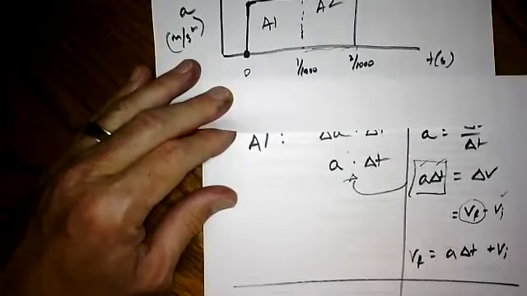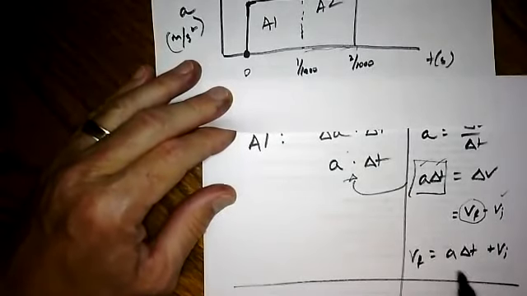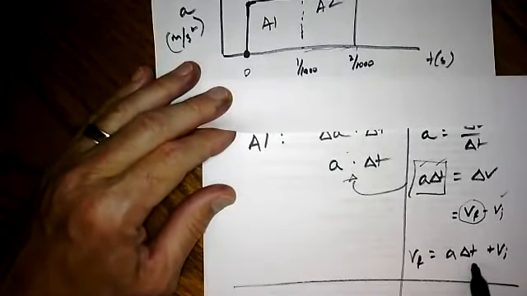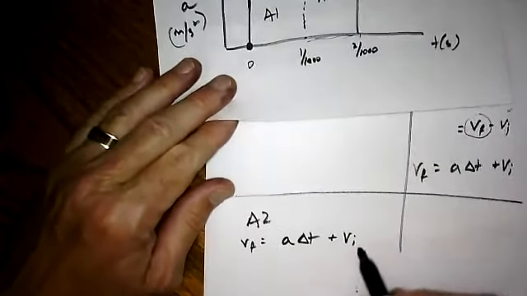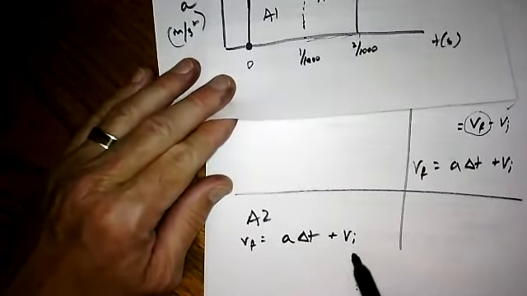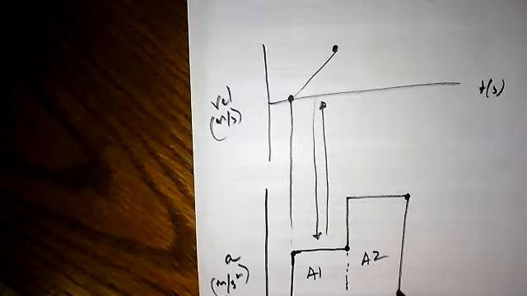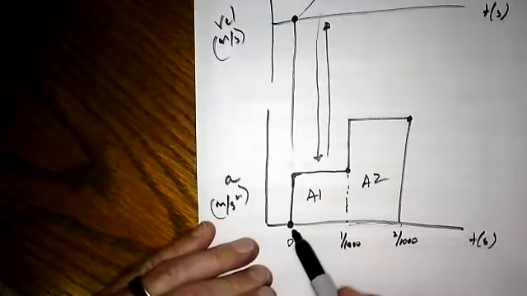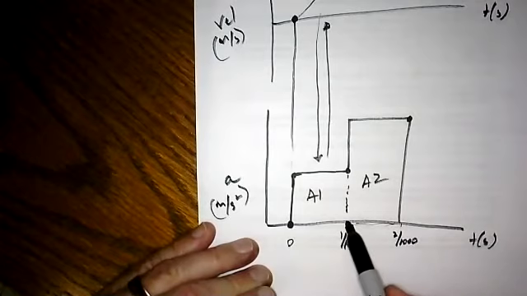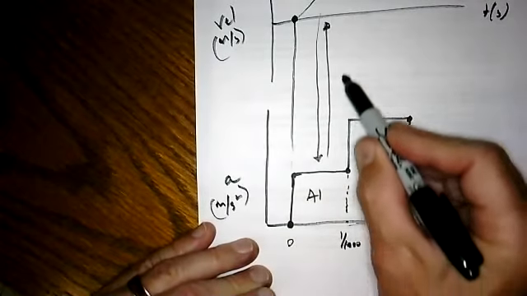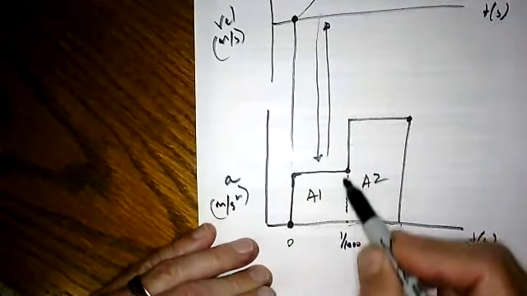Now, let's look at this. In order for me to use this equation here, I need my initial velocity for that time interval. Now my initial velocity is not the initial velocity at time 0, it's the initial velocity at the beginning of this time period.